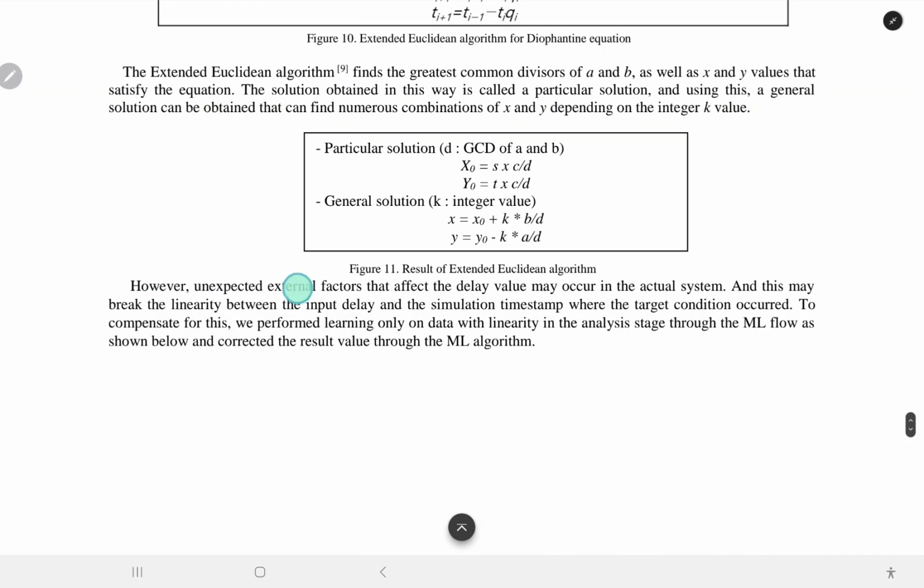However, unexpected external factors that affect the delay values may occur in the actual system, and this may break the linearity between the input delay and the simulation timestamp where the target condition occurs. To compensate for this, we perform the learning on only the data with linearity in the analysis stage through the ML flow as shown below, using the corrected result value from the ML algorithm.